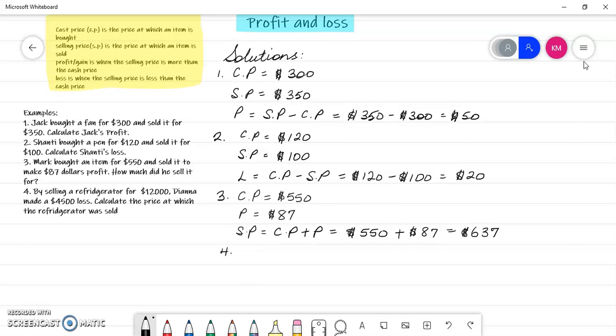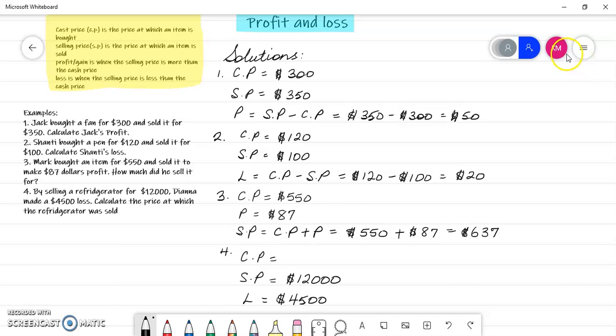So I'm going to write cost price, selling price, and in this case it was a loss, so loss. So by selling a refrigerator for $12,000, so that is going to be my selling price, $12,000. Diana made a loss of $4,500. So my loss is $4,500.